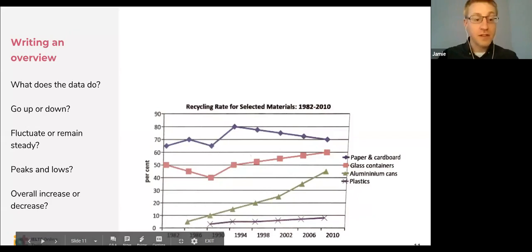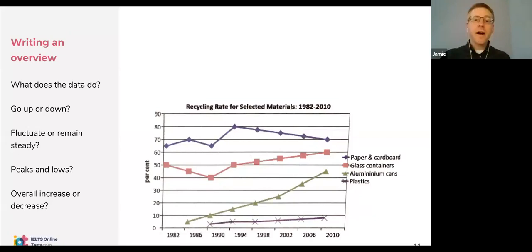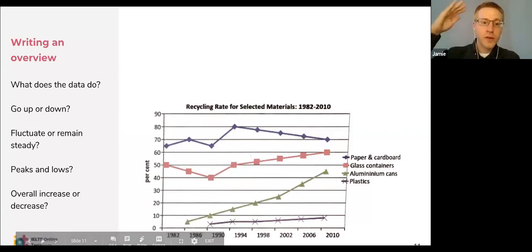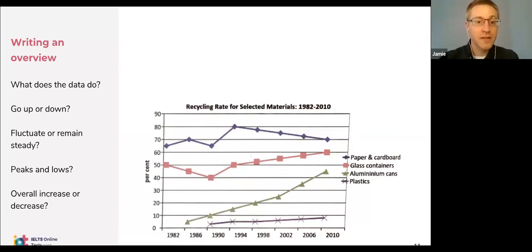They've shown the biggest increase. So that would be a good place to start. I mean, if I am thinking about recycling, I'm probably interested in, what is recycled the most in this country, right? What is recycled the most? Possibly what's recycled the least as well.